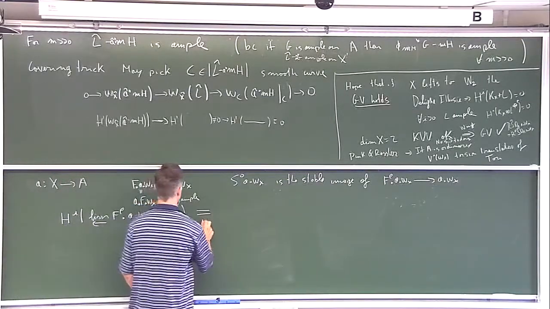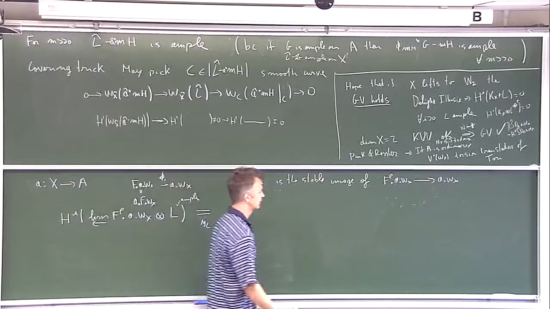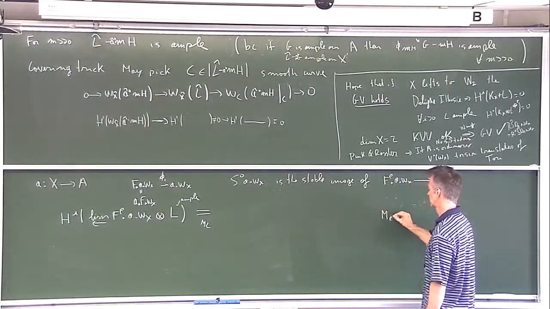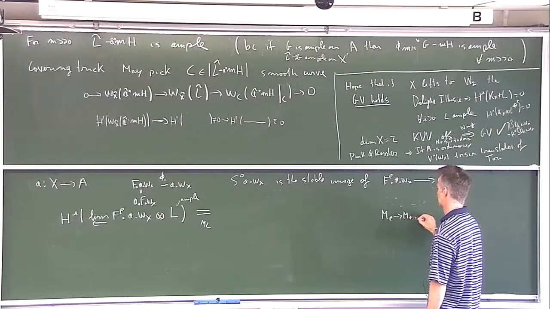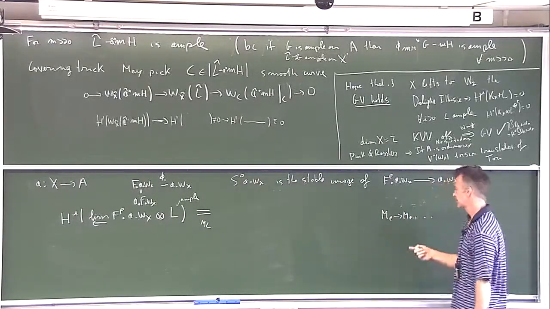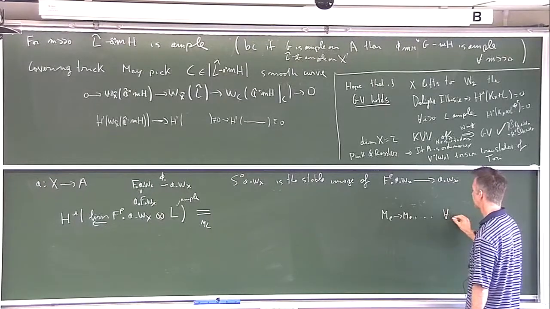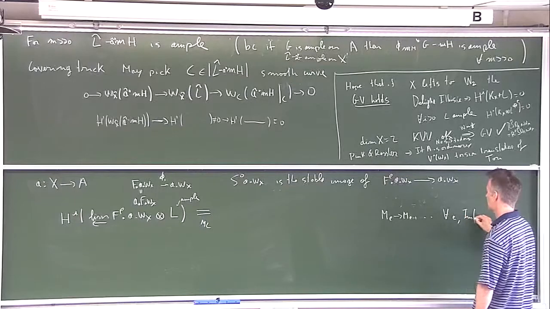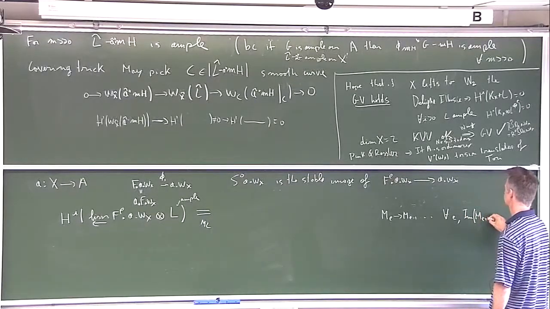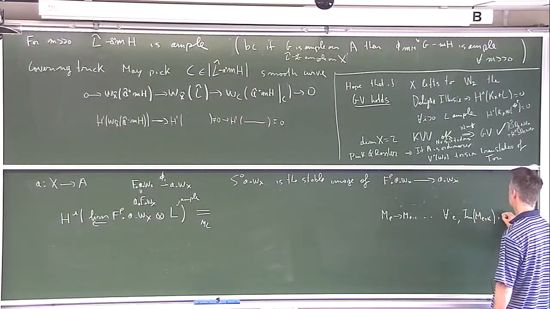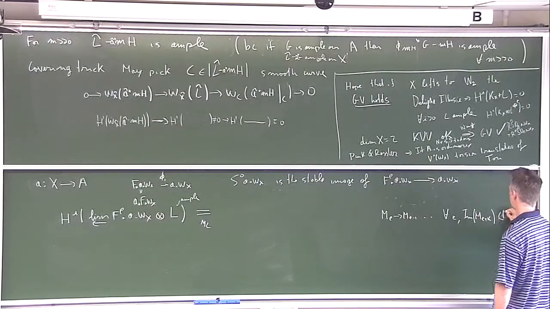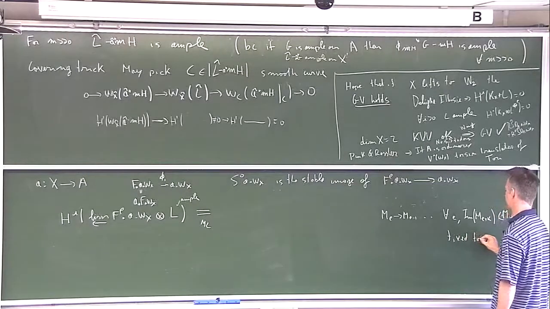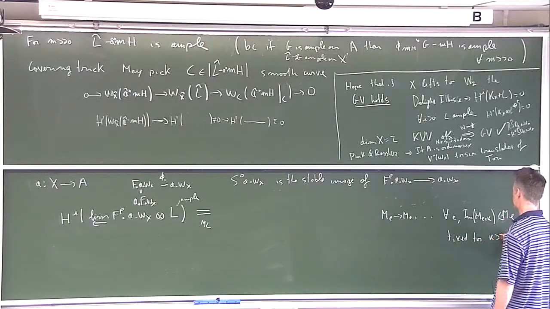What's that? The Mittag-Leffler condition, when you have an inverse system of modules, tells you that for every e, the image of M_{e+k} inside of M_e is fixed for k sufficiently big.